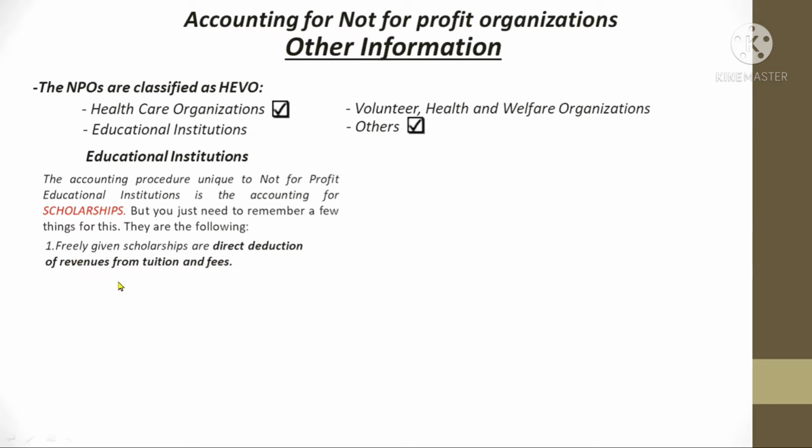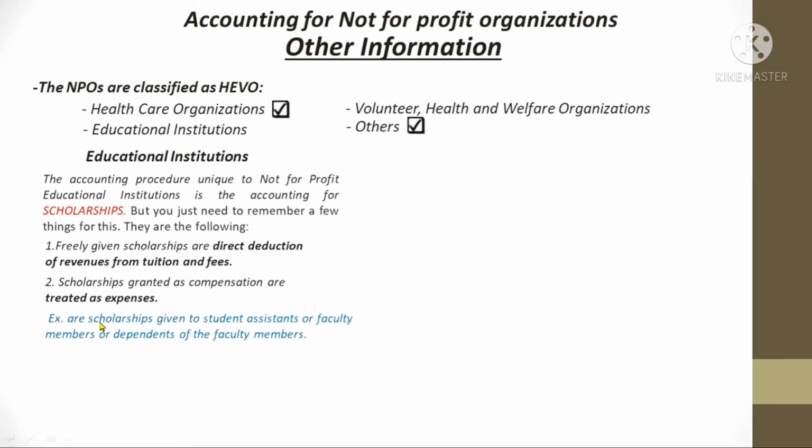Now let's go to the second one, which is scholarships granted as compensation are treated as expenses. Examples of this are scholarships given to student assistants for their services rendered, or to faculty members or dependents of the faculty members. Logically, these are not freely given.